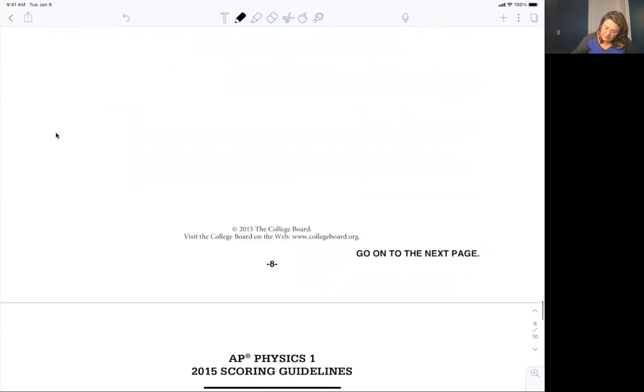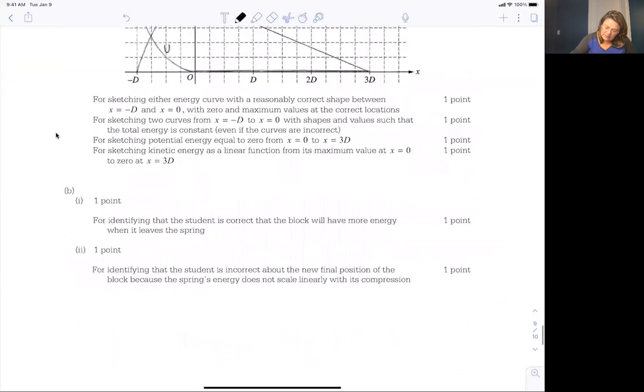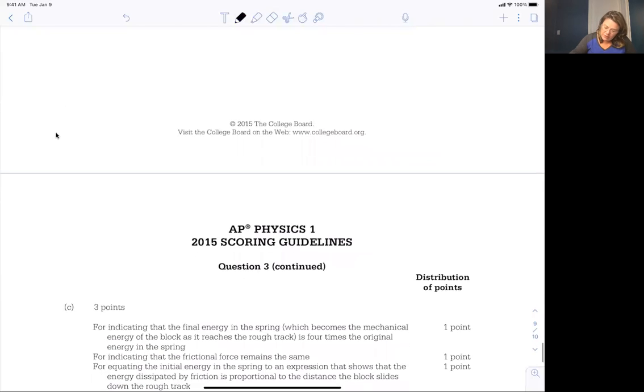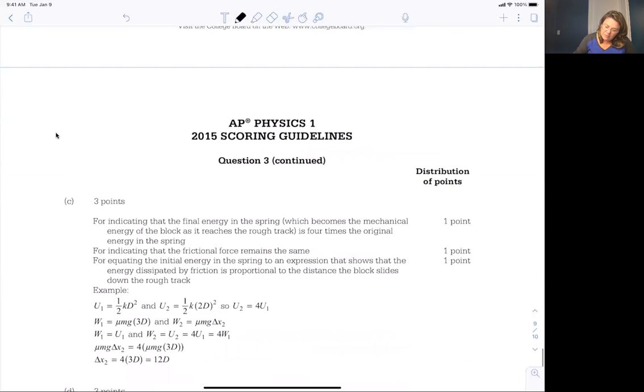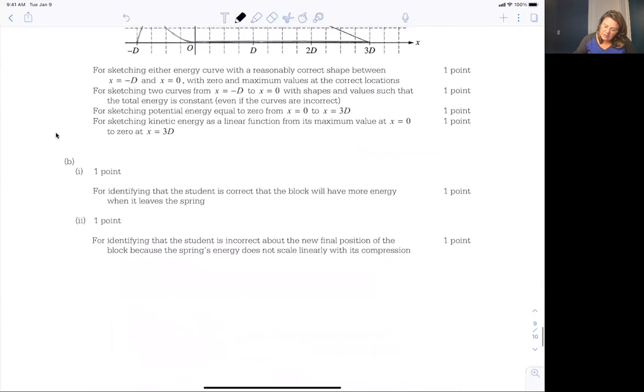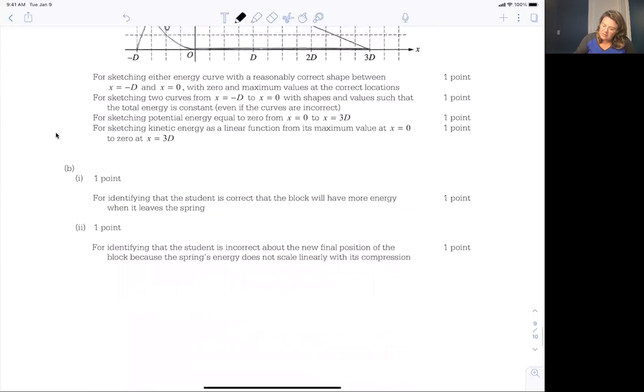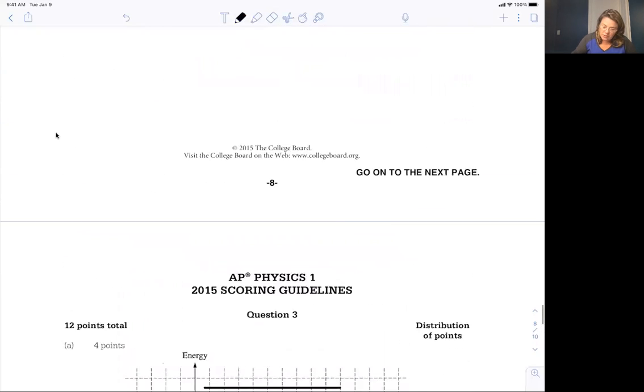Let's see if that gets all of it. For identifying that the student is correct that the block will have more energy when it leaves the spring, that's all we had to say, which we did.